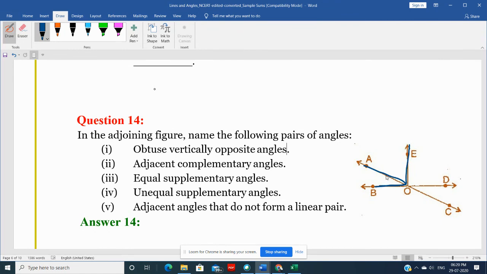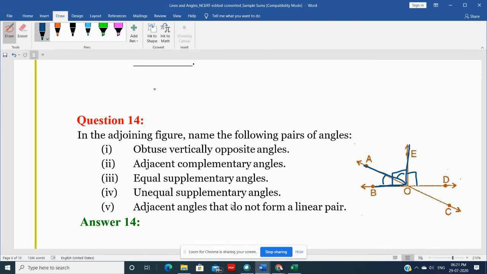So AOB and AOE, both of them are complementary because they sum up to 90, and they are adjacent also. Equal supplementary angle: I have just told you that this is 90 and this is 90, so they sum up to 180, right? So they are equal and also 180, meaning supplementary also.